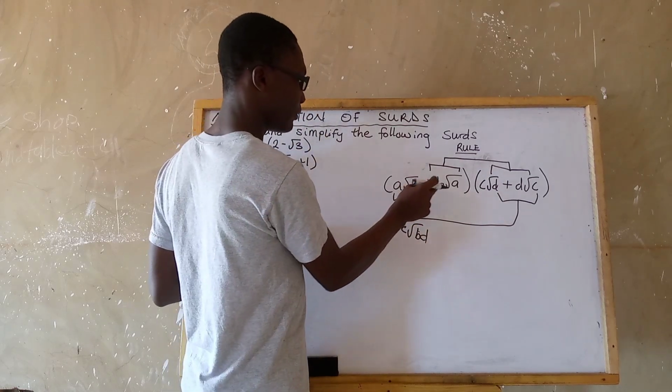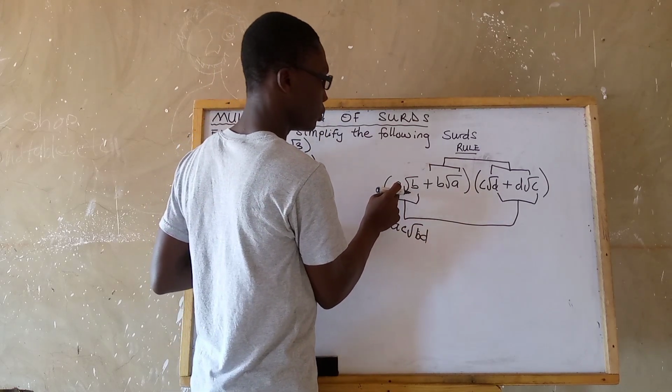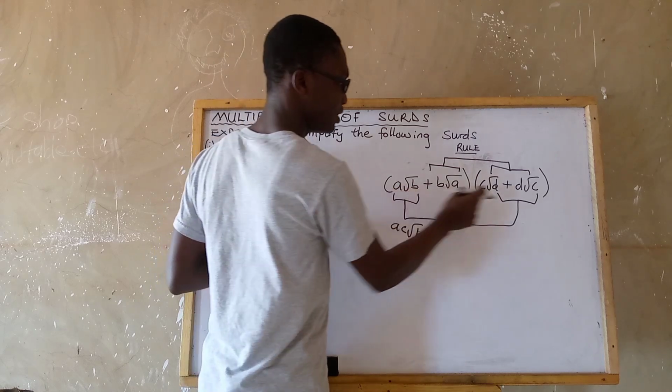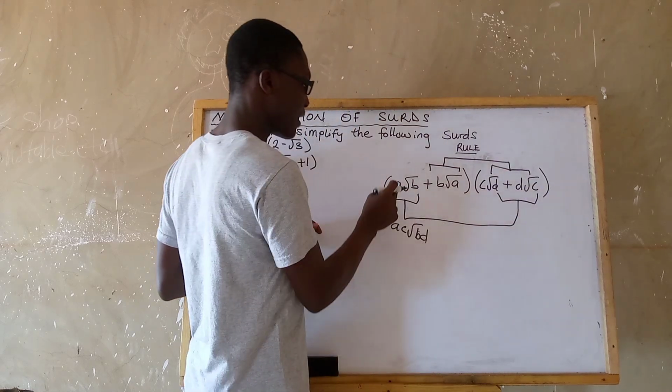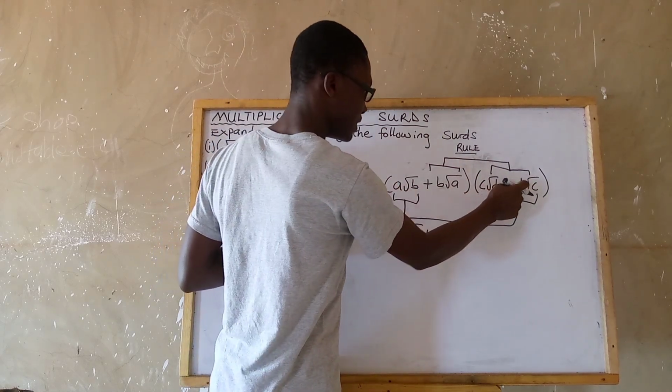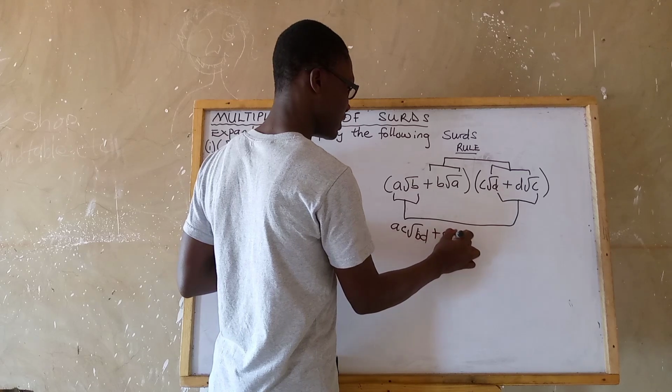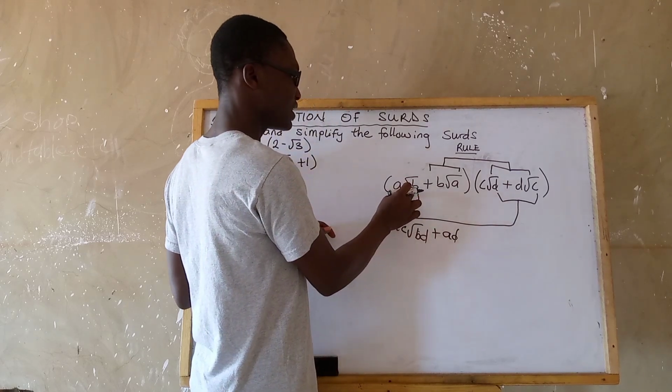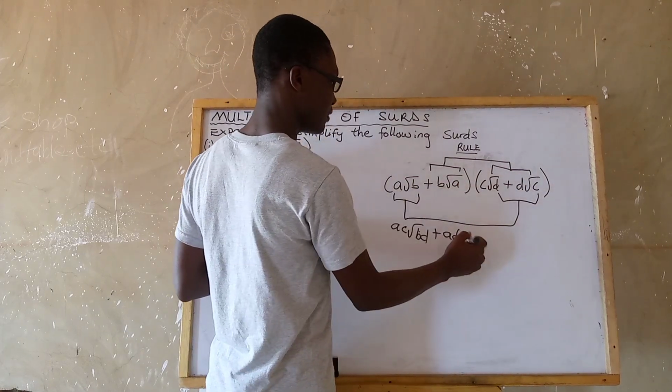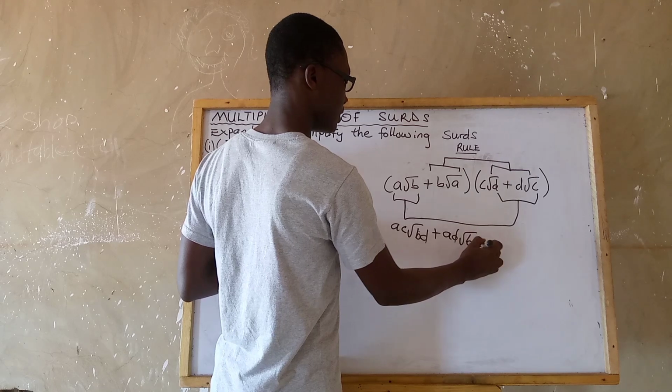Then we have a√b multiplying d√c. So a times d gives us ad, and then √b times √c gives us √bc.